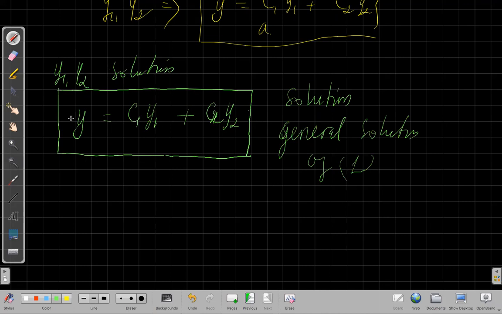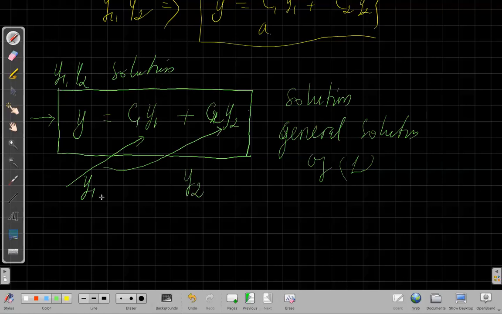So in order to find a solution for the second order ODE, we have to determine the first solution y1, and also the second solution y2, and then we multiply by the arbitrary c1, c2, so we obtain a solution.